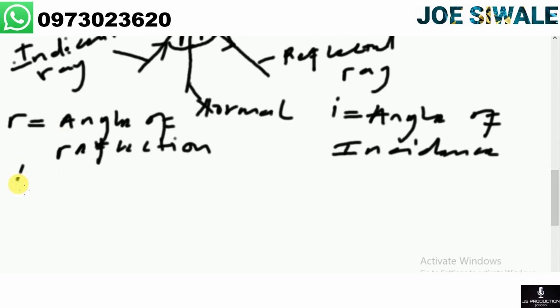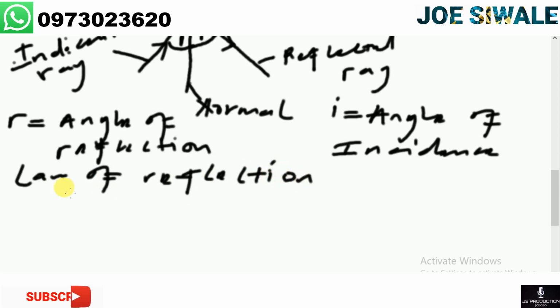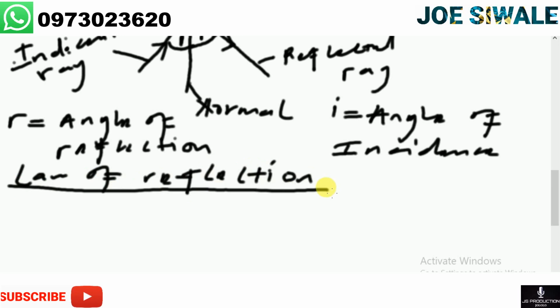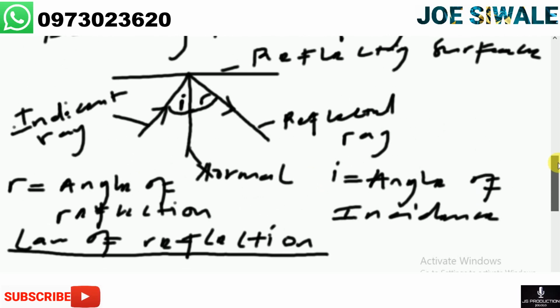So the law of refraction. This one usually comes in the exam. They're going to tell you, can you mention the law of refraction? So the first law of refraction is that the angle of incidence and the angle of refraction are always equal.